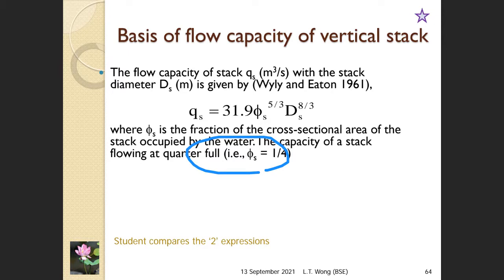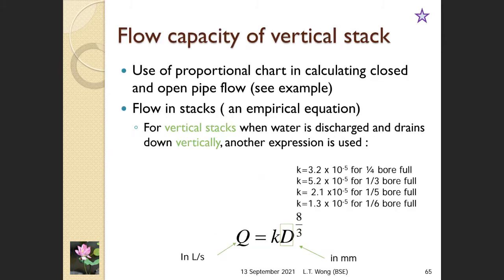This equation is an experimental result from Wyly and Eaton in the 1960s, a long time ago. Still too complicated, the equation, so we make it simpler. Q in liters per second is the flow capacity, which is the allowed maximum flow for a vertical stack.